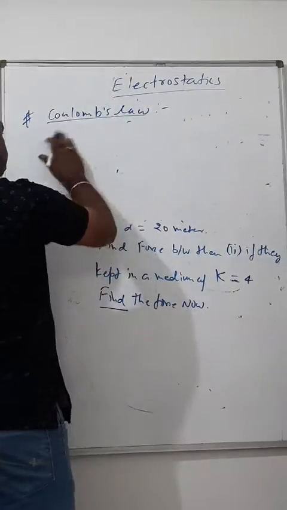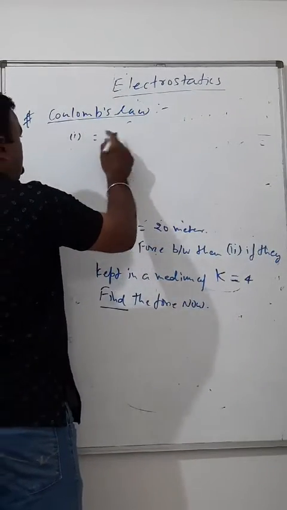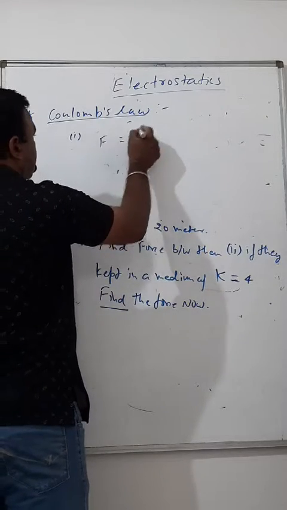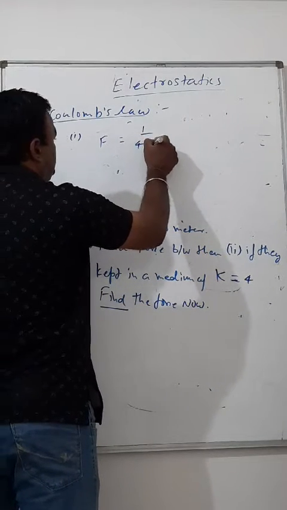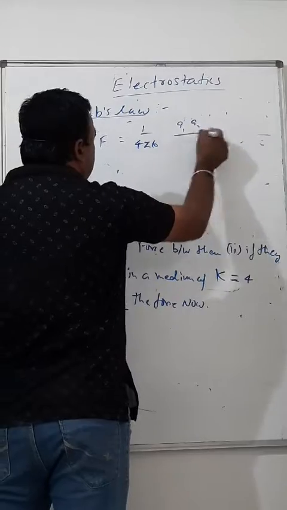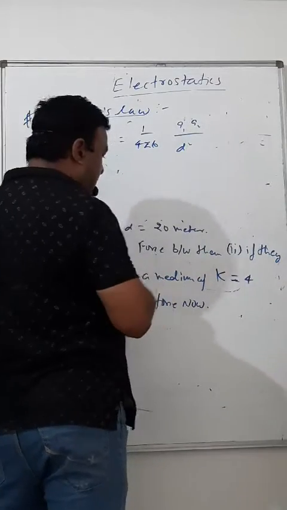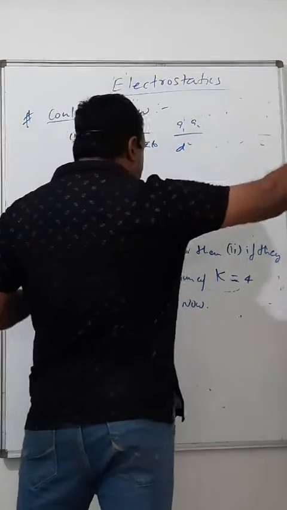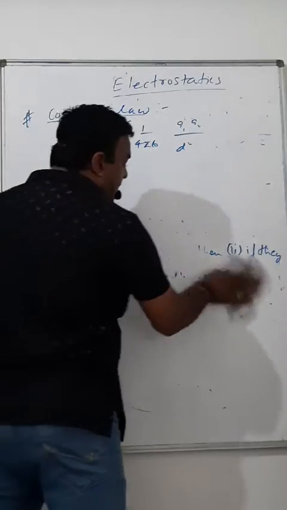First part, F equals 1 upon 4 pi epsilon naught Q1 Q2 by D square, with 6 microcoulomb, 10 microcoulomb, and 20 meters.